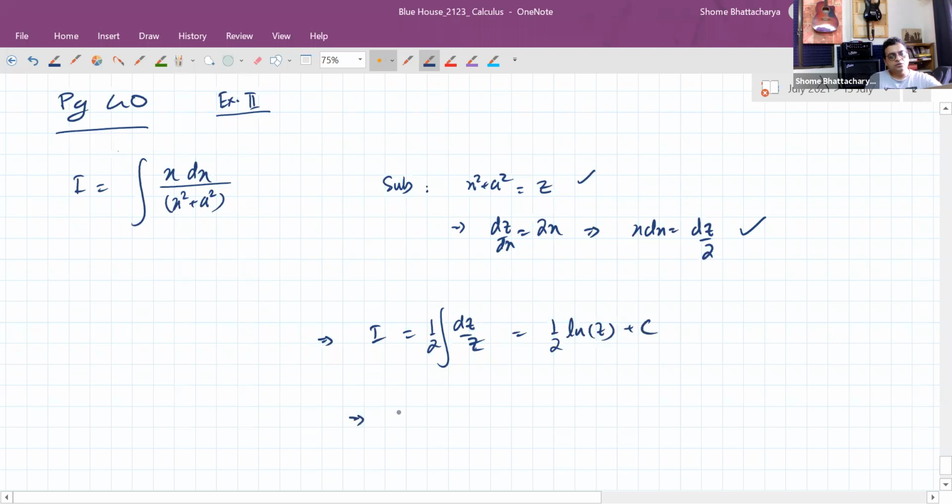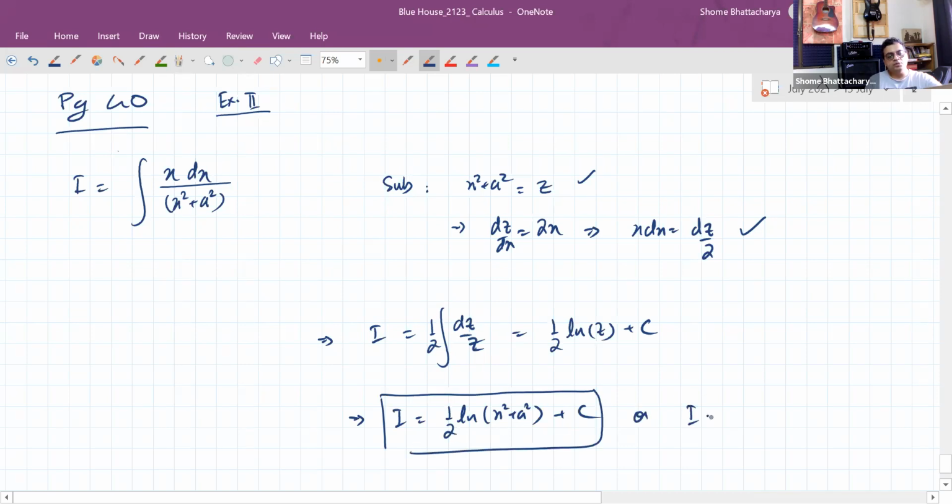And then we have to remove z from the answer, so resubstitute it as x square plus a square. We can leave the answer this way, it's correct. Or we can take the half inside the ln using the property, so it will become ln of square root of x square plus a square. It depends on how the answer is given in the options. The last step just uses the property that n times ln a is ln a to the power n.